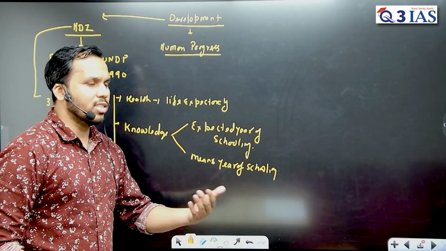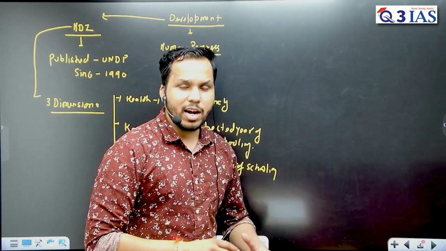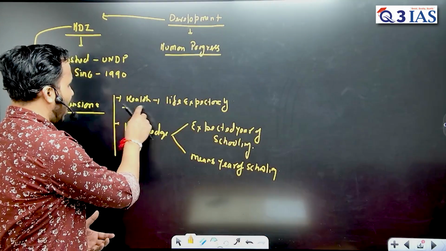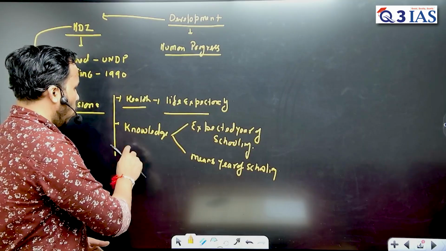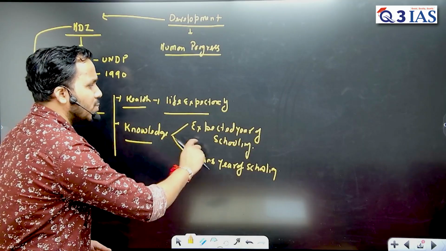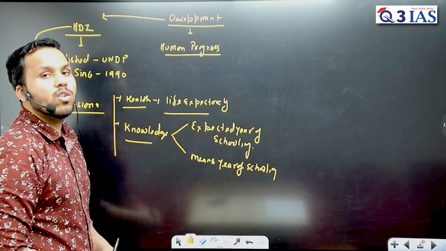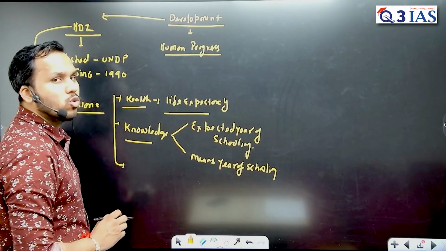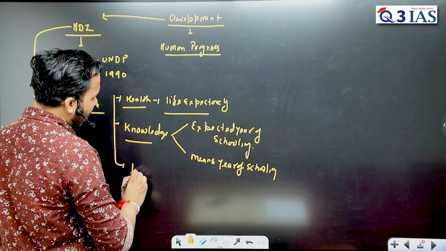Suppose we take an example, if they are just measuring the development in India, so they will take the first dimension, health: what is the life expectancy of India's population? Then knowledge: what is the expected years of schooling of India's population? What is the mean years of schooling of India's population? And there is a third dimension, that is living standards.